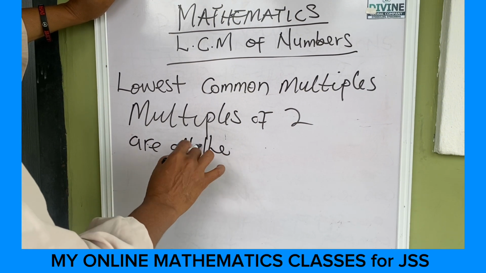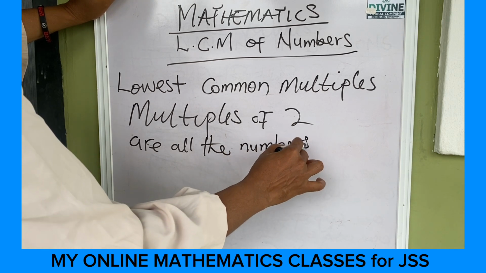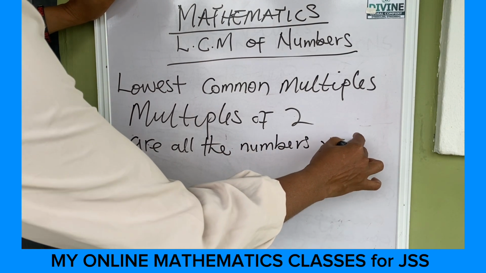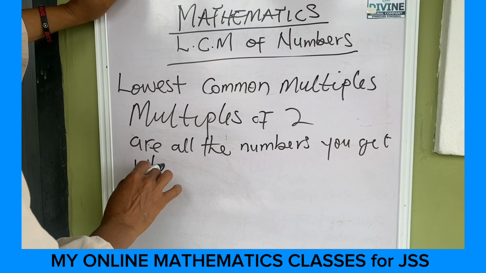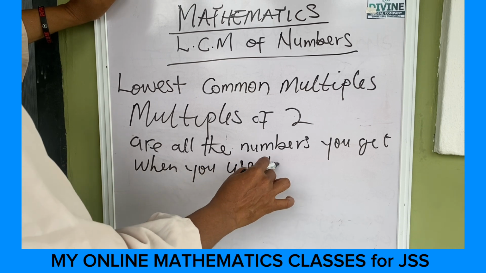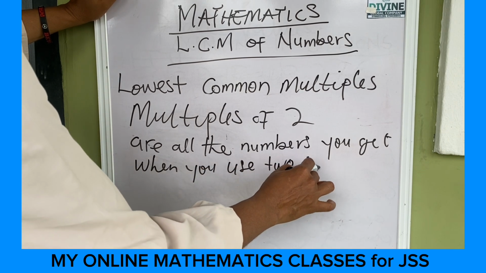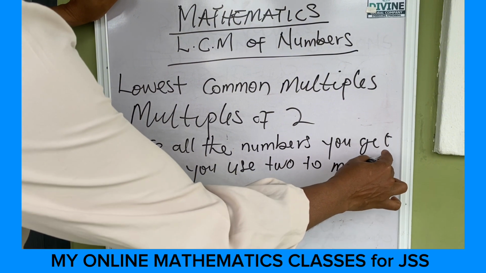Like when you are multiplying with 2, the results you will get most times are even numbers, like 2, 4, 6, 8, 10, 12.